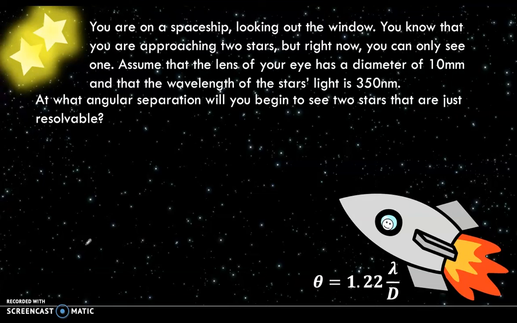So for this problem, we can obviously use Rayleigh's criterion. Knowing that we're solving for theta, we have the lambda and the diameter. We can do that 1.22, which is constant, times lambda, which is 350 nanometers.